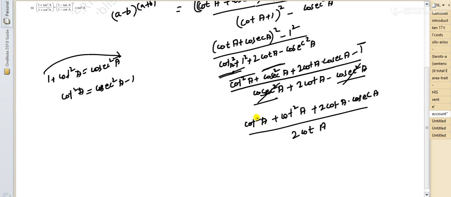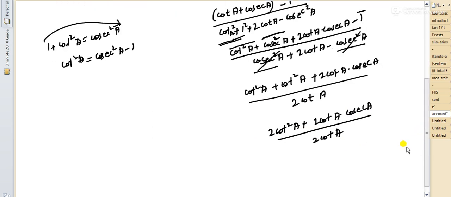So now if you see, this is 2 cot square A, and here we have 2 cot A into cosec A. Denominator is 2 cot A. Now if you look at the numerator, we have 2 cot A common.